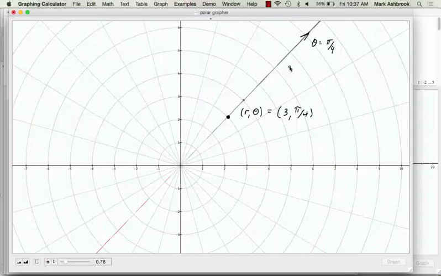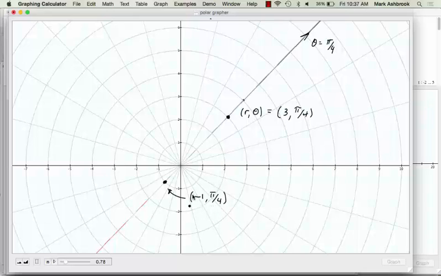Here r is, these are positive r's getting greater, so a negative r for the same angle pi over 4 would be here. So this would be the point negative 1, pi over 4.